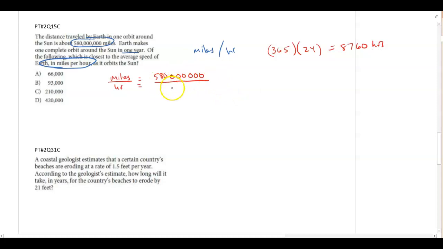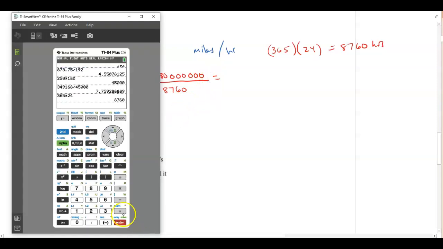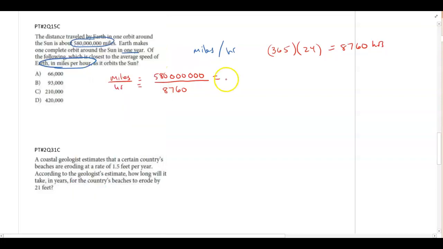So if I take 580 million and I divide it by 8,760, hit enter, it ends up being about 66,210 miles per hour. So that would be close to letter A.